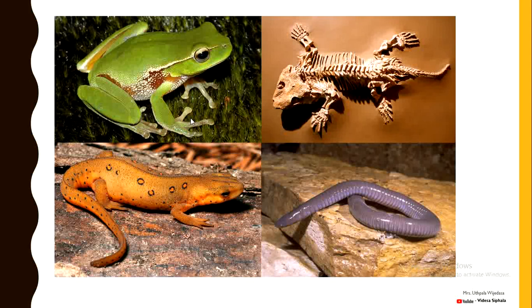They respire by using lungs as well as through the moist skin and through the buccal cavity or the oral cavity. These are also cold-blooded animals or poikilothermic. Pisces live in water, amphibians in both water and on land. Then we are moving on to class Reptilia, which are fully adapted to live on land.